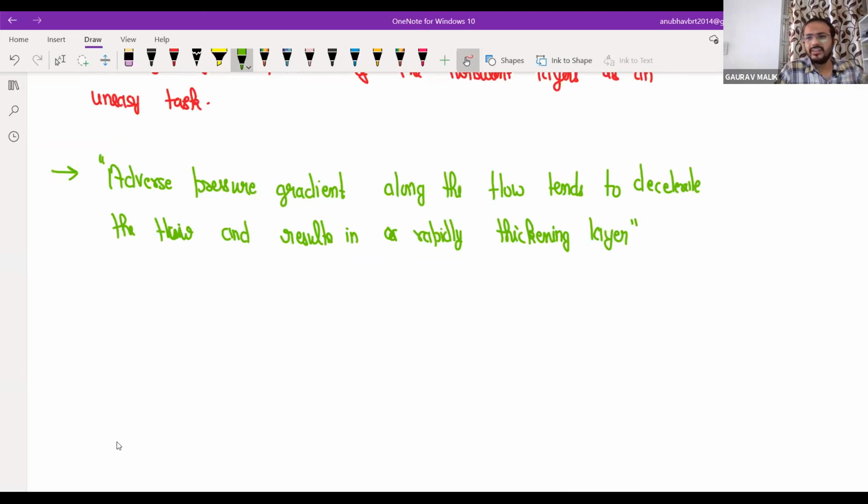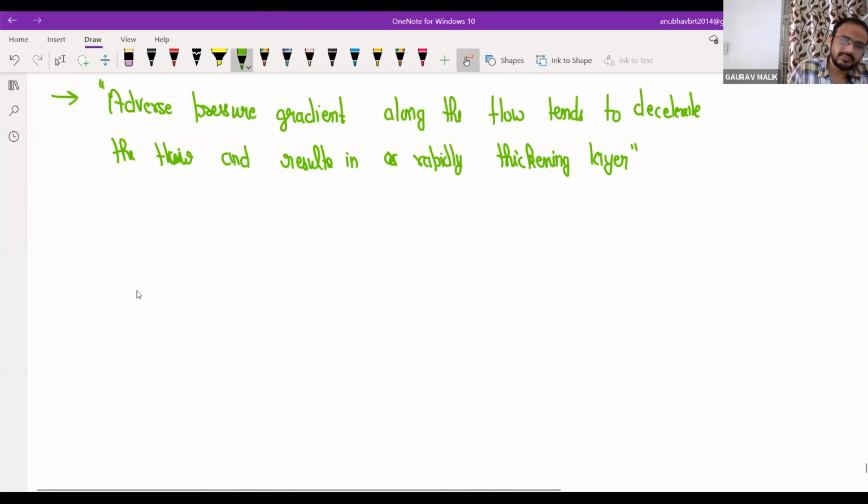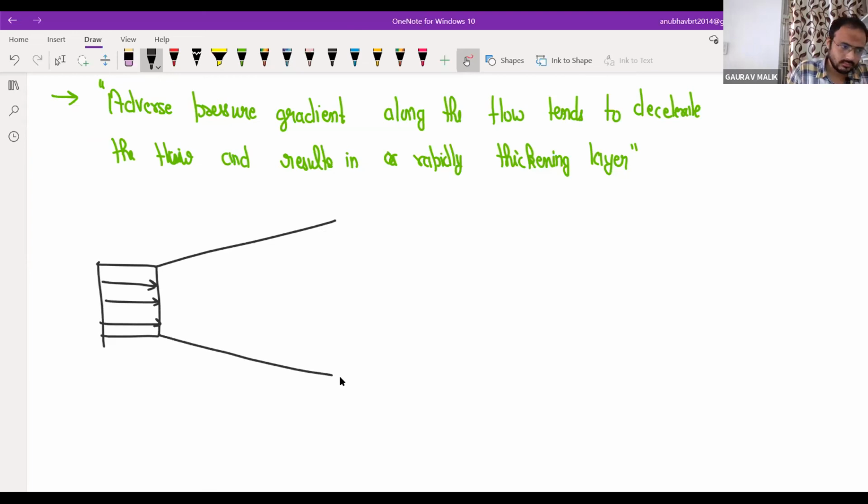You know positive and negative pressure gradient like this; I need to explain each and everything. Here we have del P by del X equal to positive in a diffuser or diverging passage.